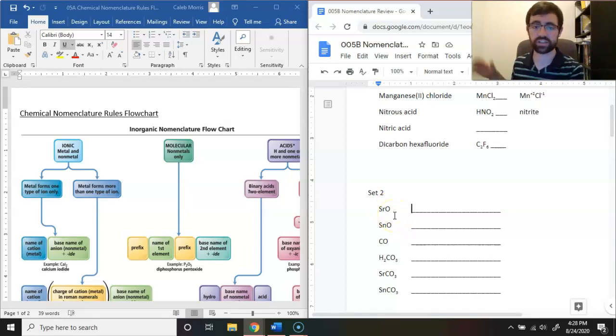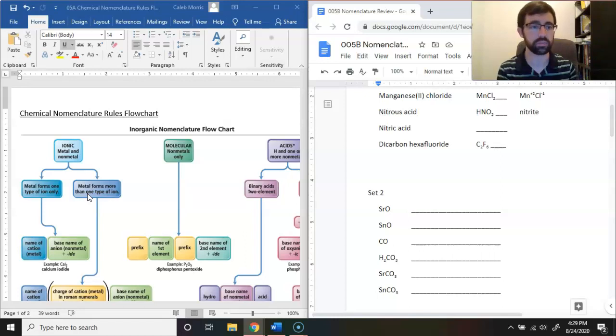Strontium's a metal, oxygen's a nonmetal. That tells me it's an ionic compound, so I have to look over here. I need to know if the metal forms one type of ion only or if it can form multiple types of ion. Well, if you were looking at the periodic table, you'd see that strontium is in group 2, and we know group 2, we know what charge it has. It has a +2 charge. I don't need a Roman numeral.